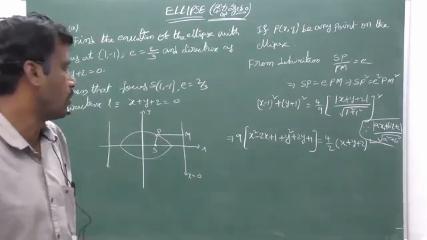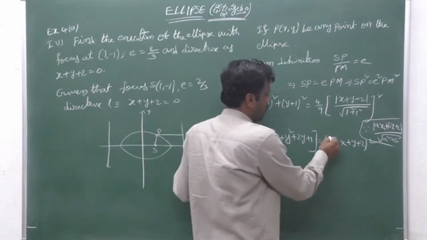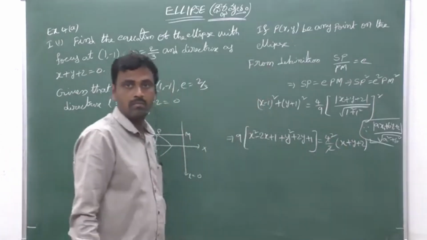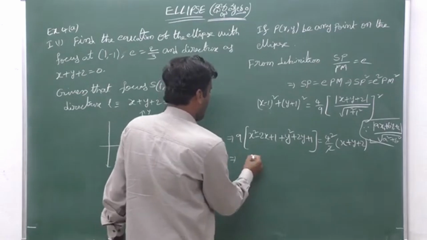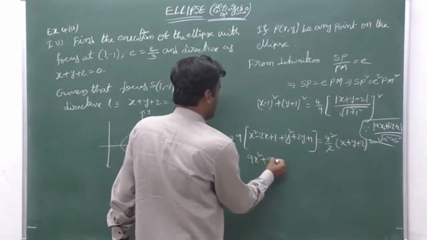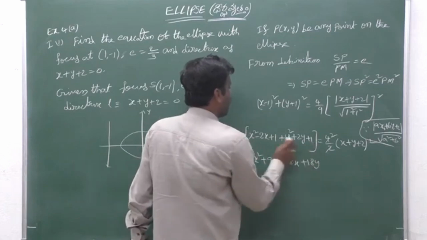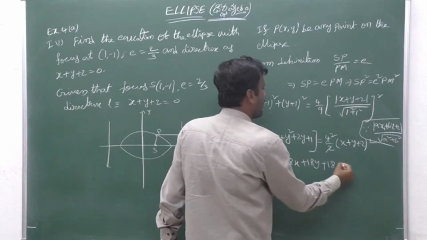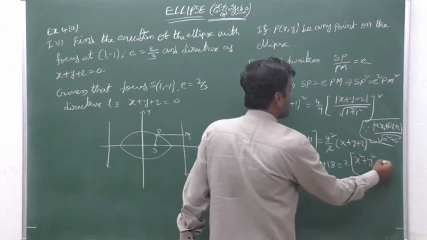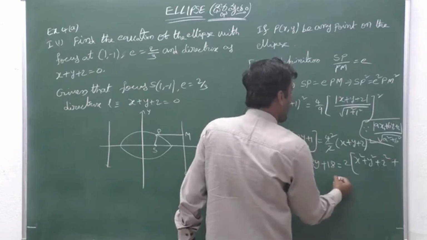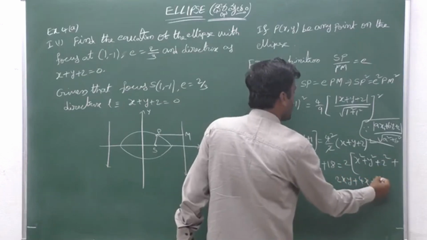Here (a minus b) whole square, here (a plus b plus c) whole square: a square plus b square plus c square plus 2ab, 2bc, 2ca.